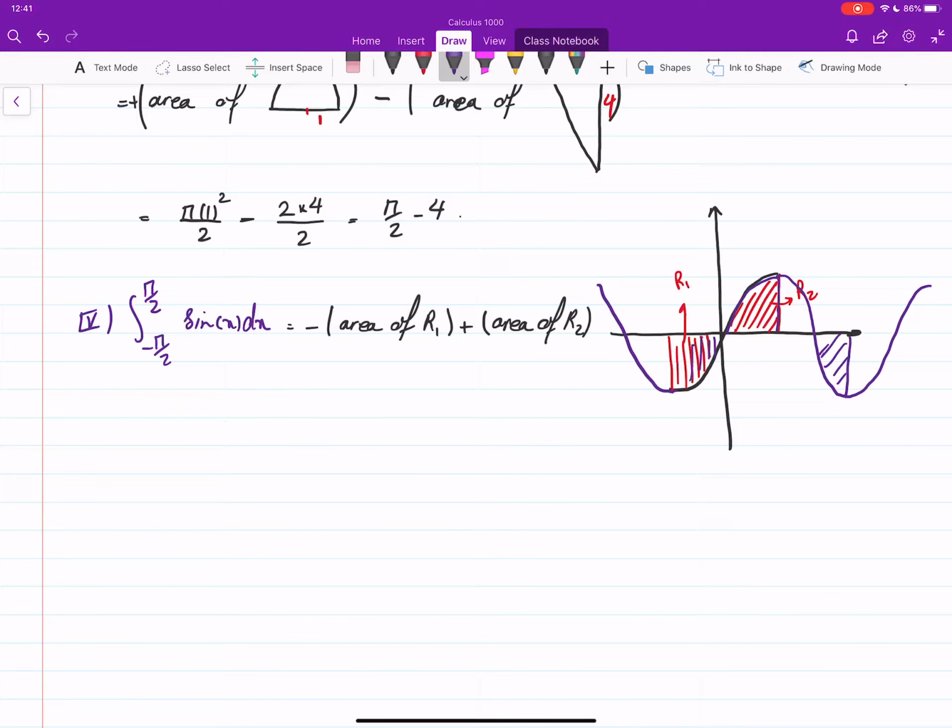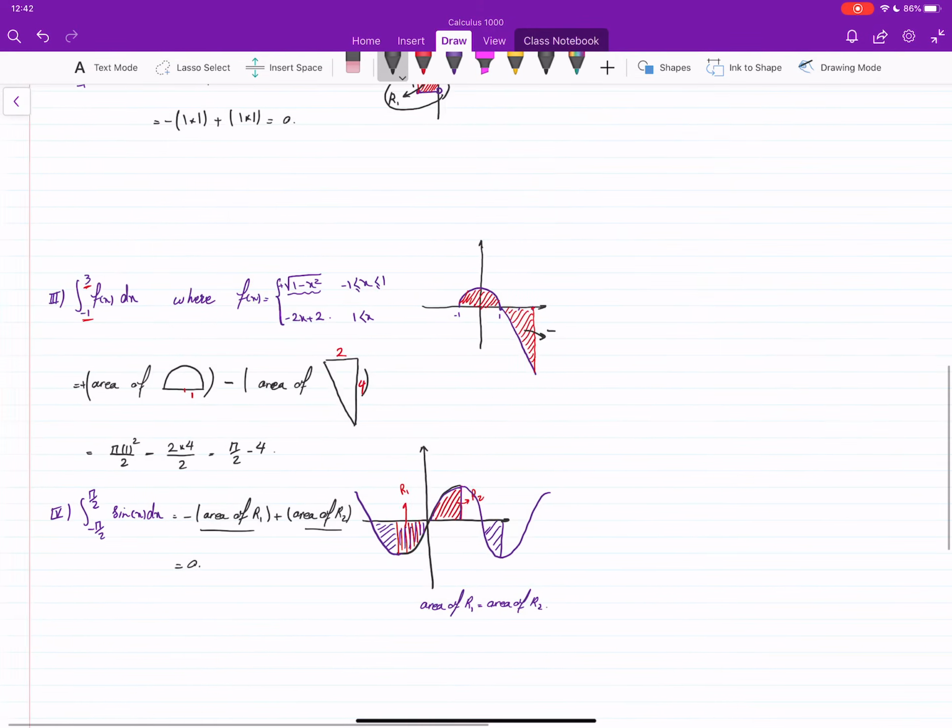That being said, it means that the area of R1 is equal to the area of R2. We don't know what these areas are, but since we are going to subtract these numbers from each other, no matter what they are, the total sum here is going to be equal to 0.